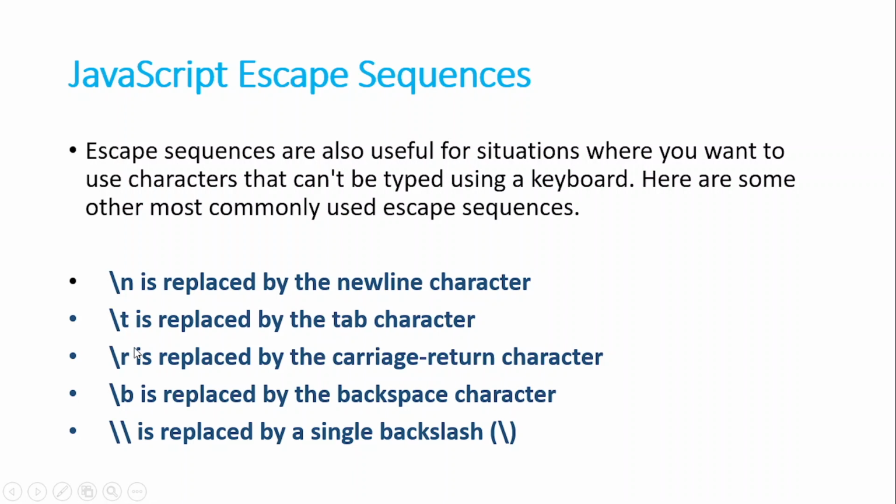Tab gives extra spacing. Backslash r is carriage return, which is similar to enter. Backslash b is for the backspace character. It will remove one character in the reverse order. And if you want the backslash symbol to be added inside a string, you'll use backslash two times, so it will render a single backslash in the string.